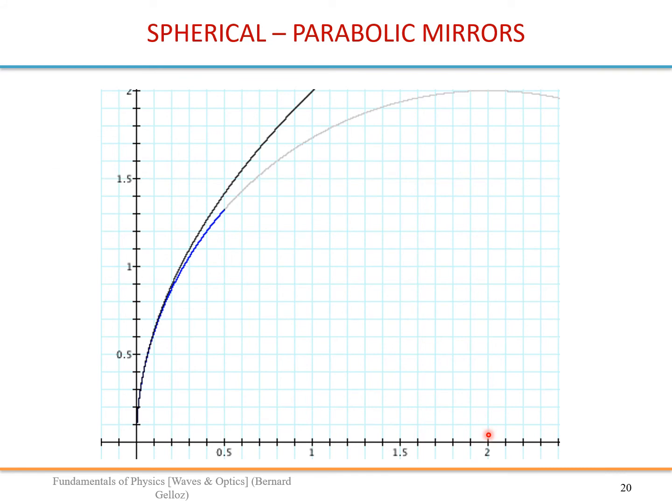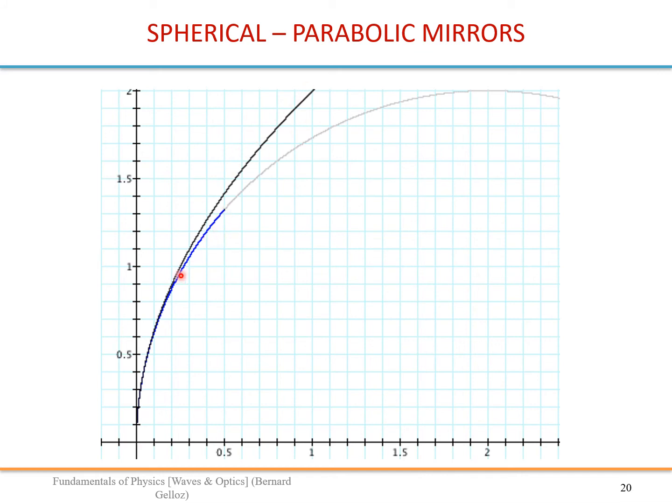All right, so let's look at what happens. Let's look at the difference between a spherical and a parabolic mirror. So here it's just the function. This is a circle, a piece of a circle here, and this one is a parabola, centered at the same point here at 0.